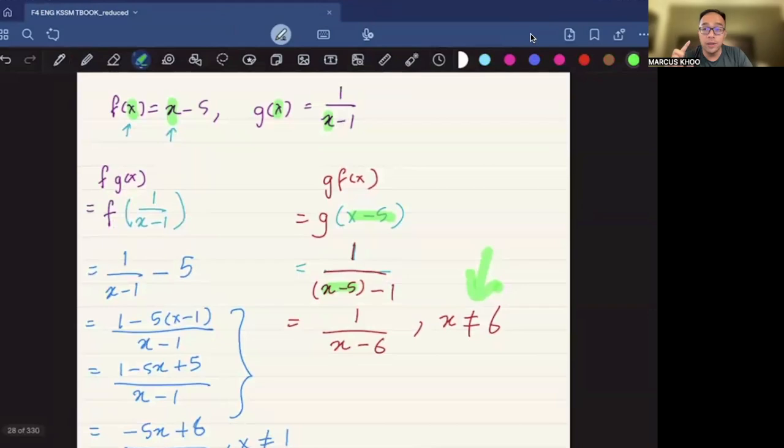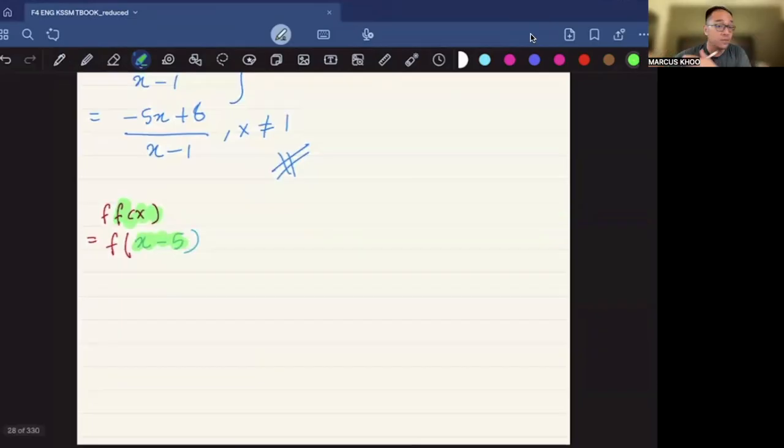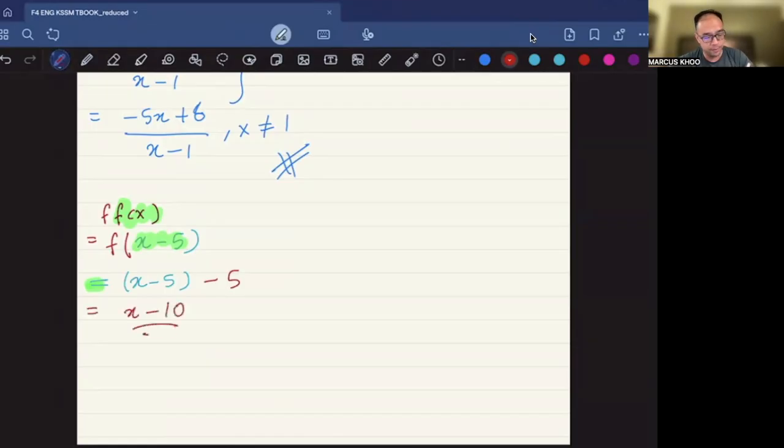So our function is object minus 5. Our object is now x minus 5, so let's put in the object x minus 5, and then the equation is object minus 5. So minus 5 will give you x minus 10.